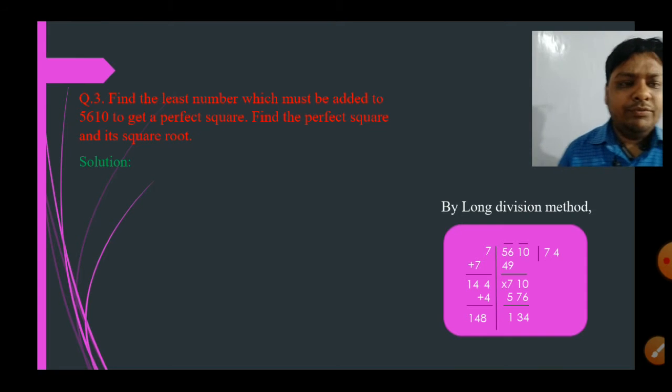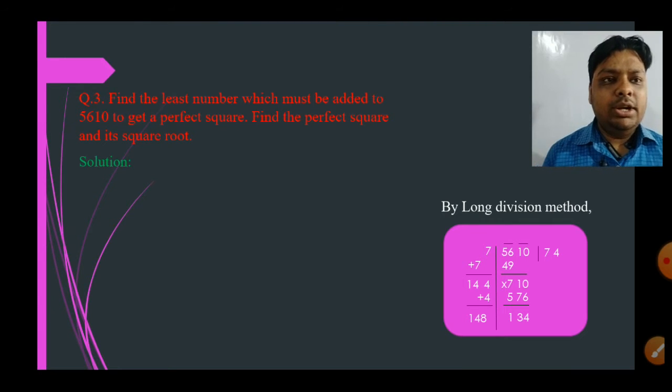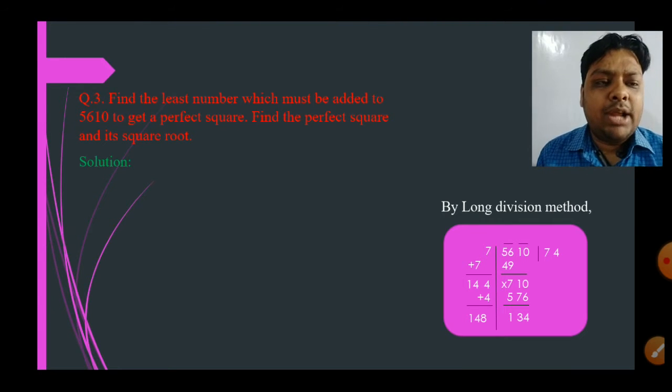Now how can we find it? Let's see. It is the added question. It means what number we will add. So if we subtract 134, then it will be a perfect square. Okay, but to subtract we will get the perfect square, but here it is written added. It means if we subtract 134 from this number, then it will be the square of what?